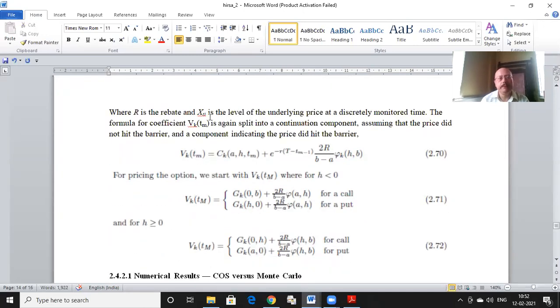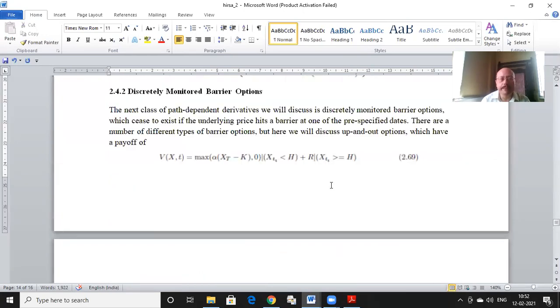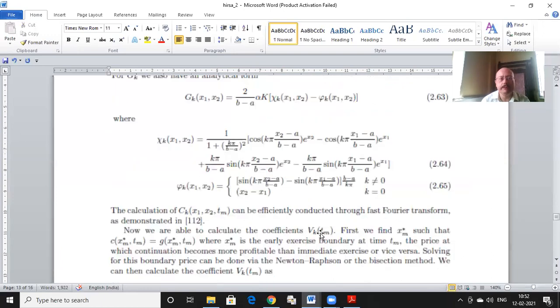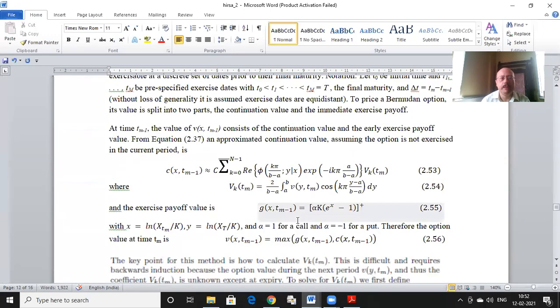So R is the rebate and X is the level of the price. The formula for these coefficients VKTM: remember, we are using the same notation. We are again going to use this kind of expressions, and I need to have these coefficients VKTM evaluated.